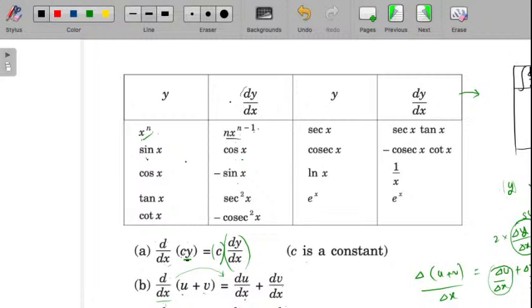Hence, if dy by dx is cos x, then integral cos x dx should be equal to sin x. And if I have the limits going from x1 to x2, the same limits apply here. Then it would be sin x2 minus sin x1, upper limit minus lower limit.